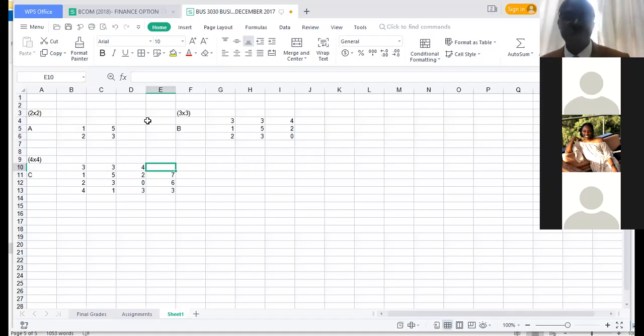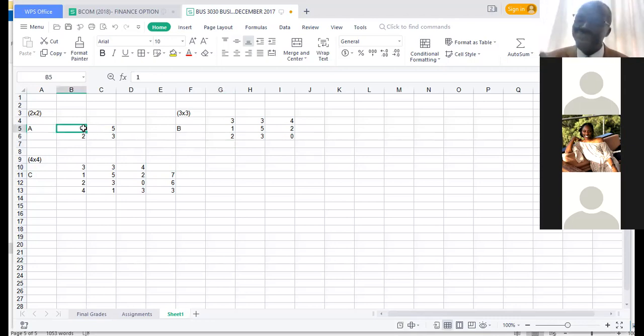So that's 4 by 4, 2 by 2, 3 by 3. These are general square matrices. Remember, I said that an identity matrix can only be a square matrix. So what is the identity equivalent of this?